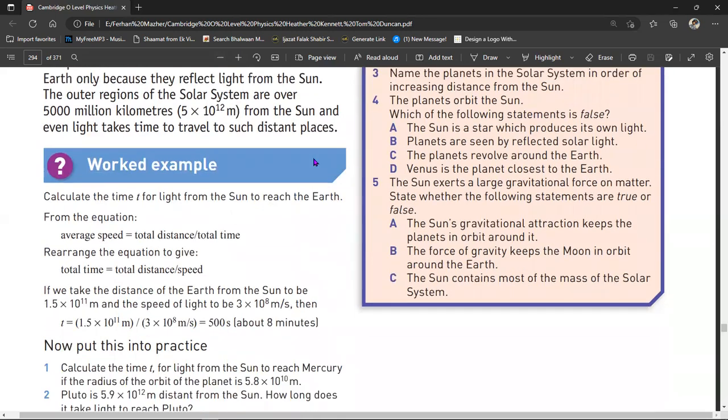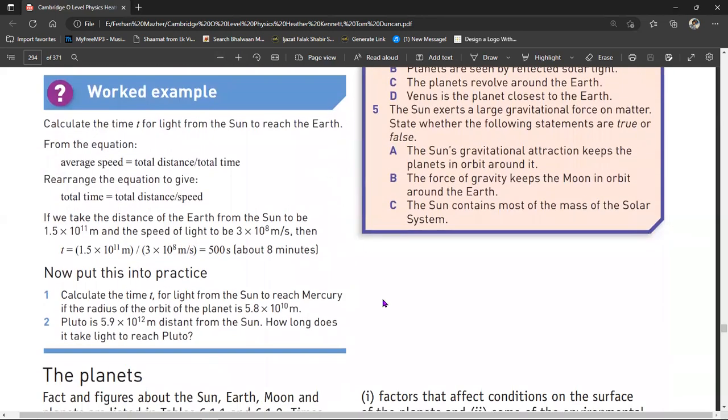Here we have the worked example: calculate the time t for the light from the sun to reach the Earth. From the equation, average speed is equal to total distance divided by total time. Rearrange the equation to give time, so the total time will be equal to the total distance divided by the speed.